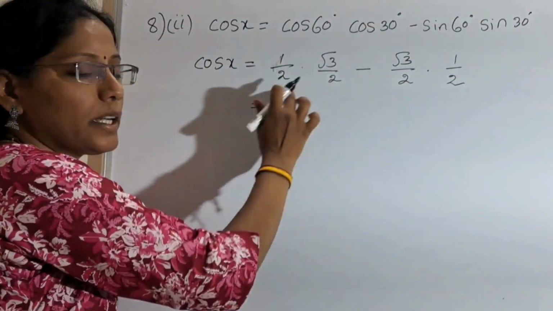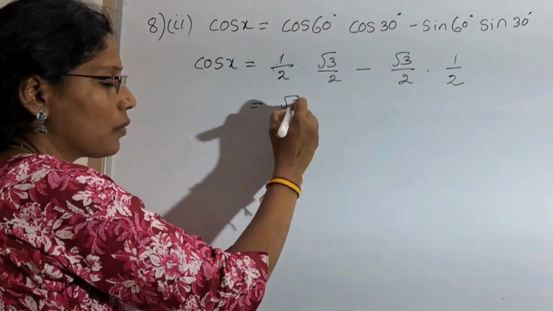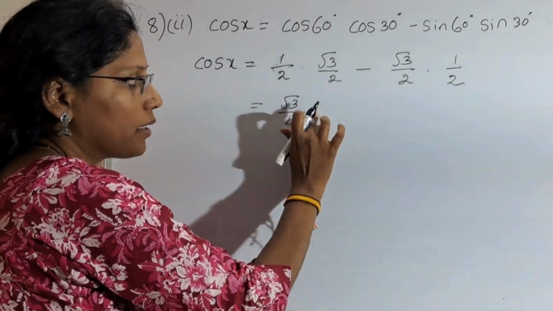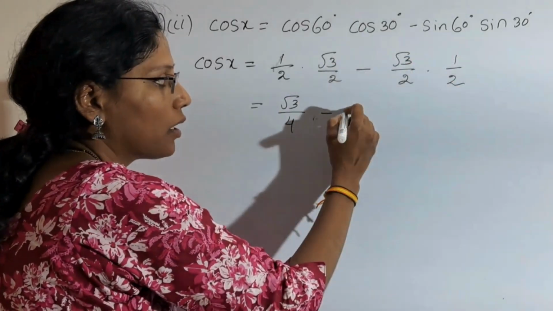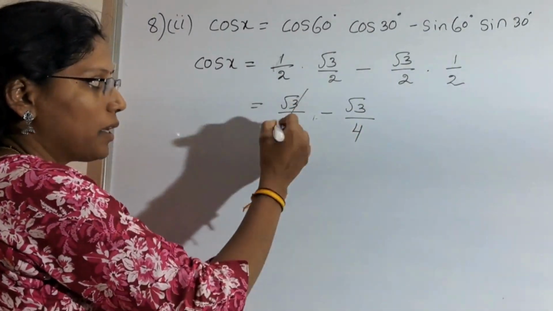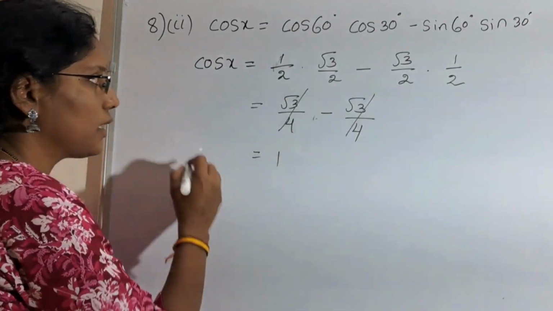Here the numerator and denominator should be multiplied separately. Root 3 into 1, root 3 by 2 into 2, 4, minus root 3 into 1, root 3 by 2 into 2, 4, plus root 3 by 4 minus root 3 by 4 cancel. Remaining 1 will come.